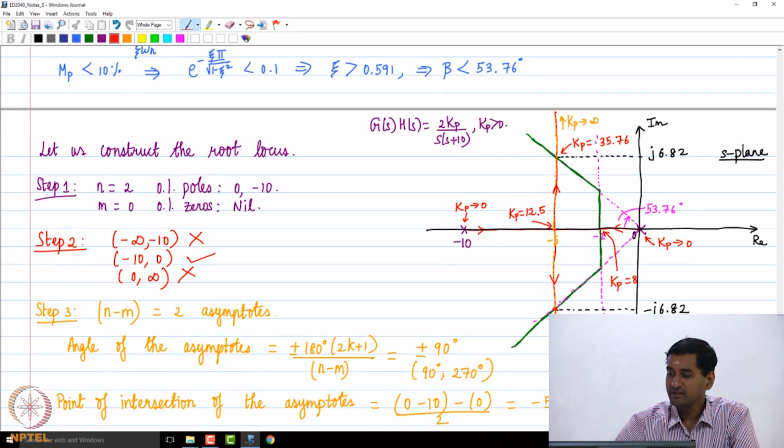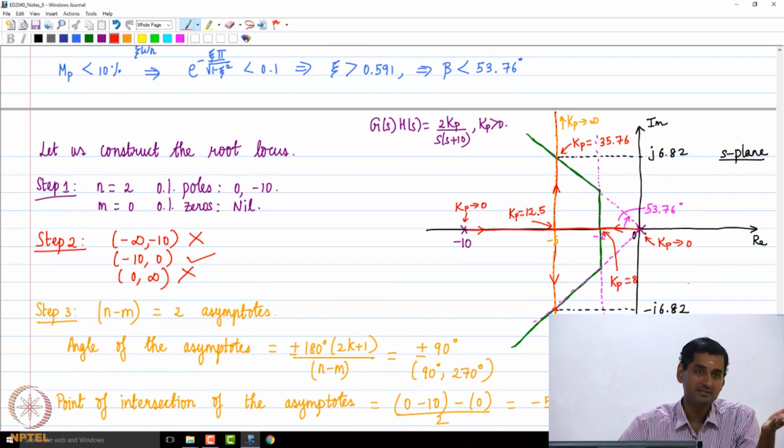Yeah, because why is 12.5 the transition point? Because please note that the two branches of the root locus start from minus 10 and 0. And when Kp increases from 0, you can immediately see what's happening. One branch is going to come on this real axis in this manner. Another branch is going to start from 0 and travel to the left. So what do these branches indicate?